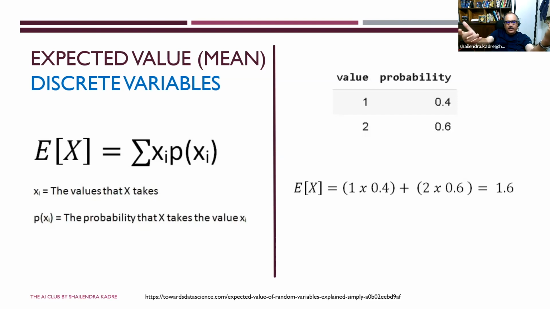My probability will always be between 0 and 1 and a positive value. But the value column can be either positive or negative. If it is a big negative number, the addition will be negative. So expected value can be positive, can be 0, and can be negative. It's a simple average.